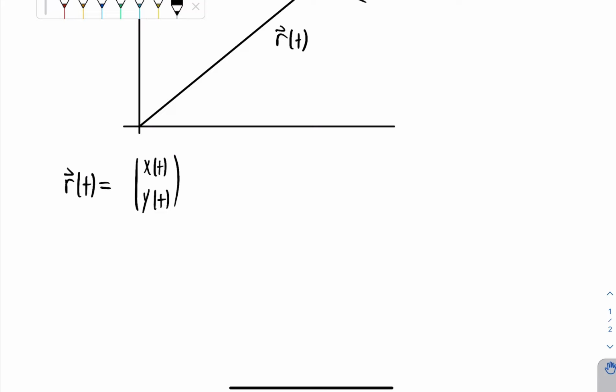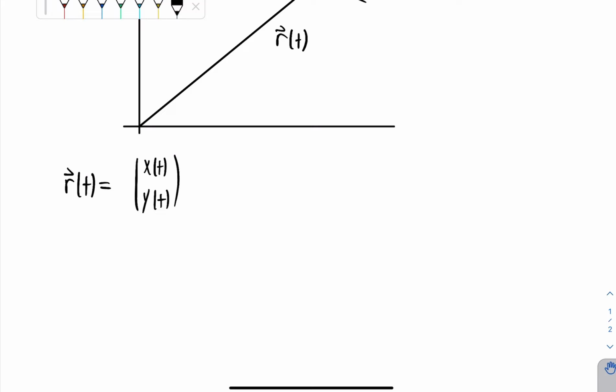Now, let's see what happens when I want to take the derivative of a vector function, because this is important: if I know r of t, then I'm going to need to determine what v of t is and a of t. This is different from the one-dimensional kinematics case where we just could take the derivative, because now we have multiple components that we're dealing with.